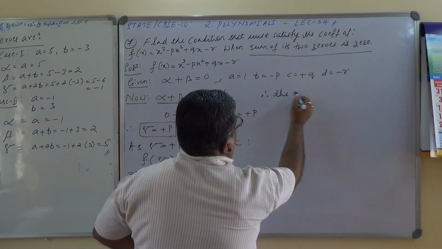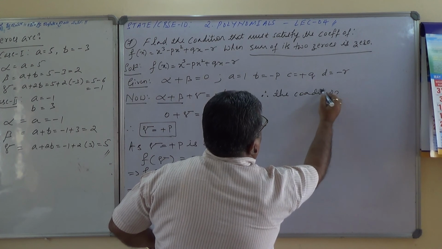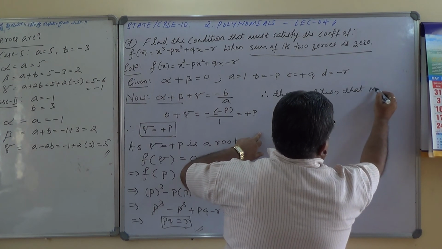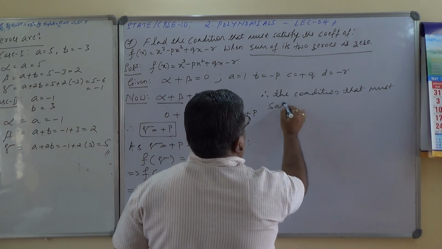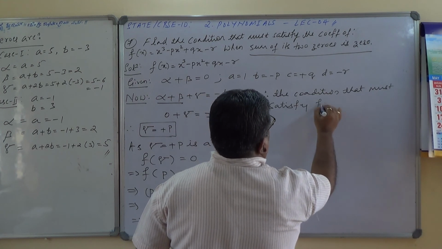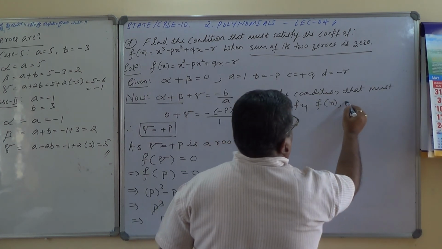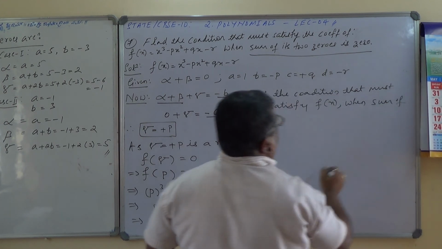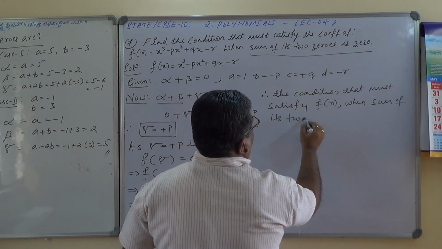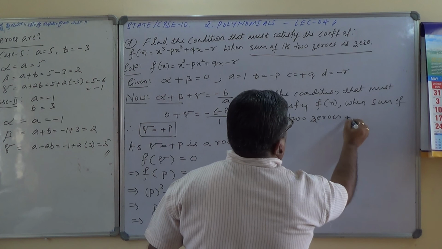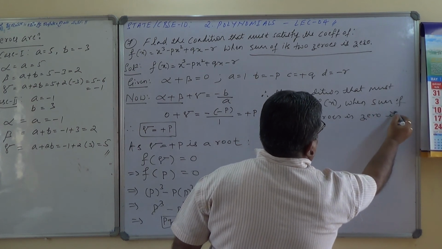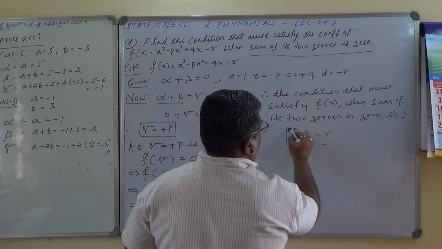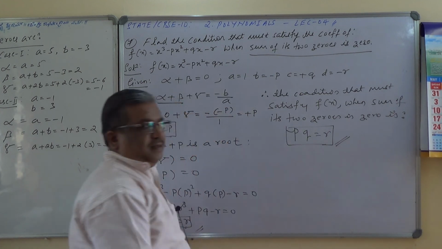Therefore, the condition that must satisfy f of x when the sum of its two zeros is 0 is PQ should be equal to R. This is the answer.